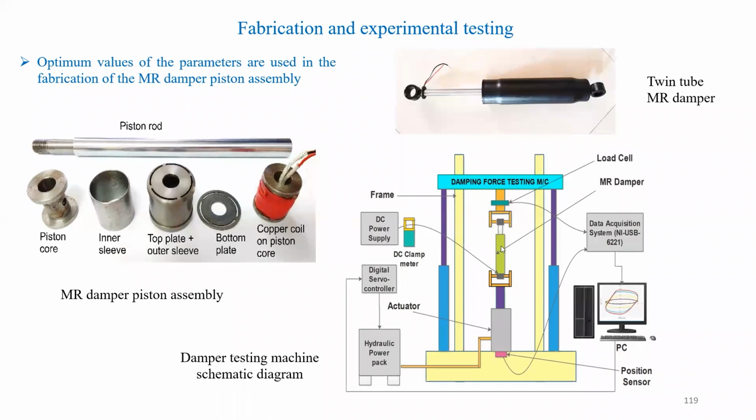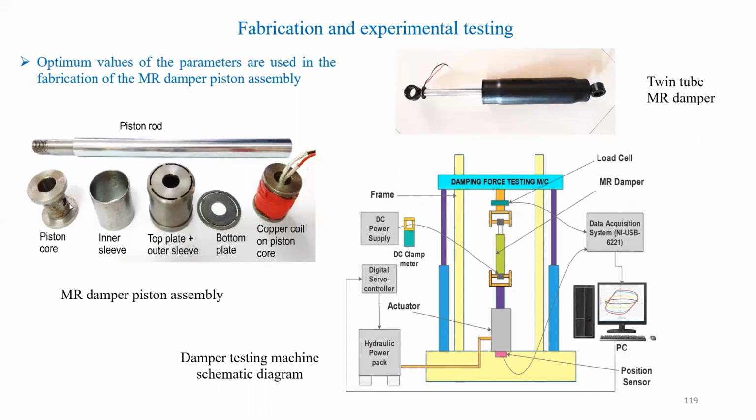It is very similar. You provide this vertical motion to this damper, and study various parameters like velocity, force, displacement, etc. Here I will explain. This is the piston, and this is the piston rod. This is connected to here, and this is screwed here, and over that this coil is put. Over that there is a cover and the top plate.